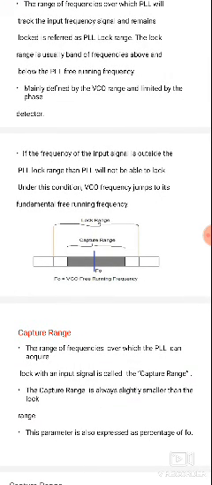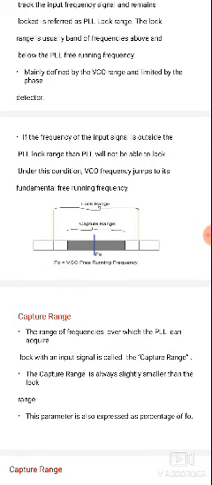Next, if the frequency of the input signal is outside the PLL lock range, the PLL will not be able to lock. Lock range arises only when the output frequency matches the input frequency.